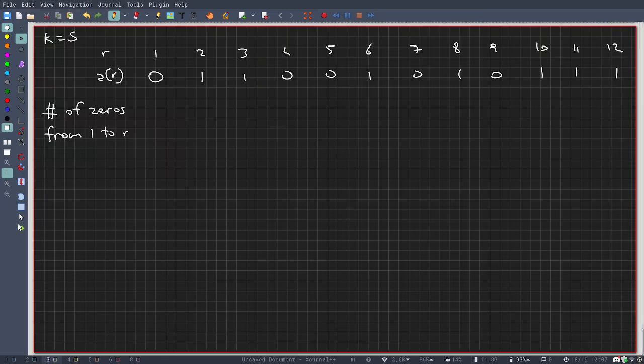Okay, of course the number of zeros is increasing. You have 1, 1, 1, 2, 2, 2, 3, 3, 4, 4, 5, 5, 5, 5. So this is an increasing array, and you have to find the first element which equals k, right?